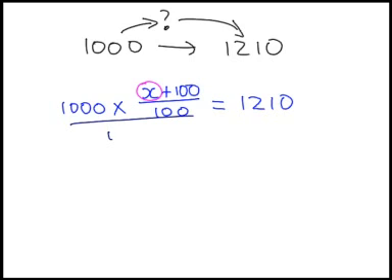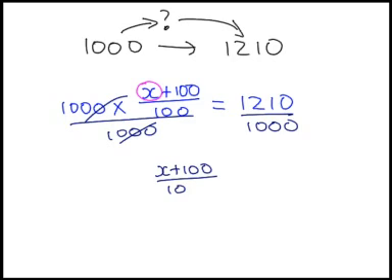So we divide both sides by 1,000 first, so it cancels that side. What is 1,210 divided by 1,000? It equals 1.21.